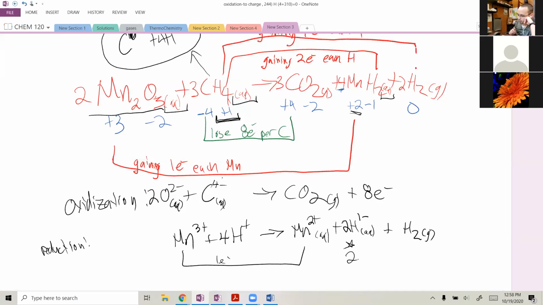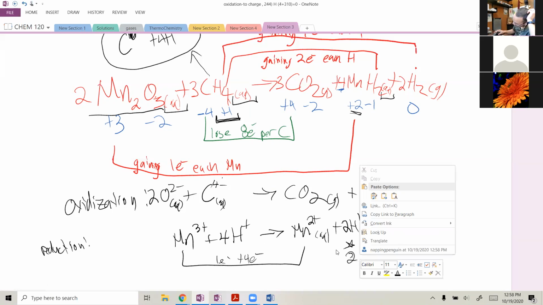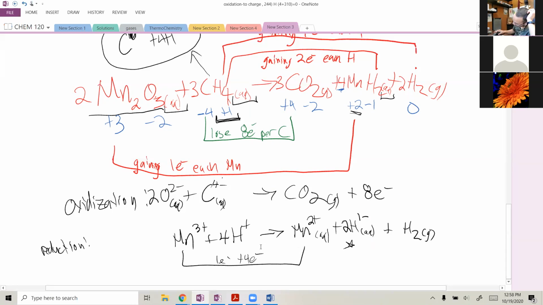So we need 4 electrons, right? And so that's kind of going on to this one. So we need 4 electrons here. And so for the hydrogen that's going to the gas, each of those hydrogens needs 1 electron, and there's 2 of them. So how many total electrons does it need to make that hydrogen gas?